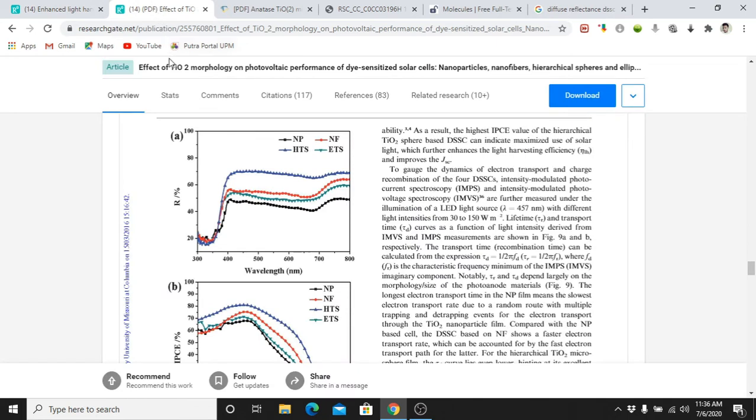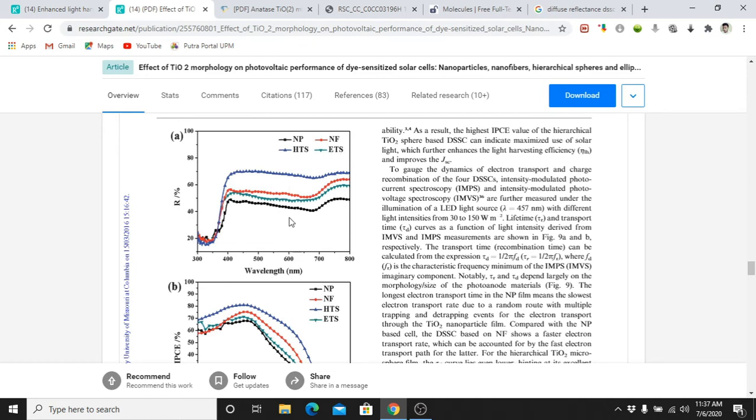The second journal is titled The Effect of TiO2 Morphology on Photovoltaic Performance of DSSC: nanoparticles, nanofibers, hierarchically spheres and ellipsoid spheres. They compare in terms of morphology and size, whether the photoanode is nanoparticles NP, nanofibers NF, hierarchical spheres HTS, or ellipsoid spheres ETS.